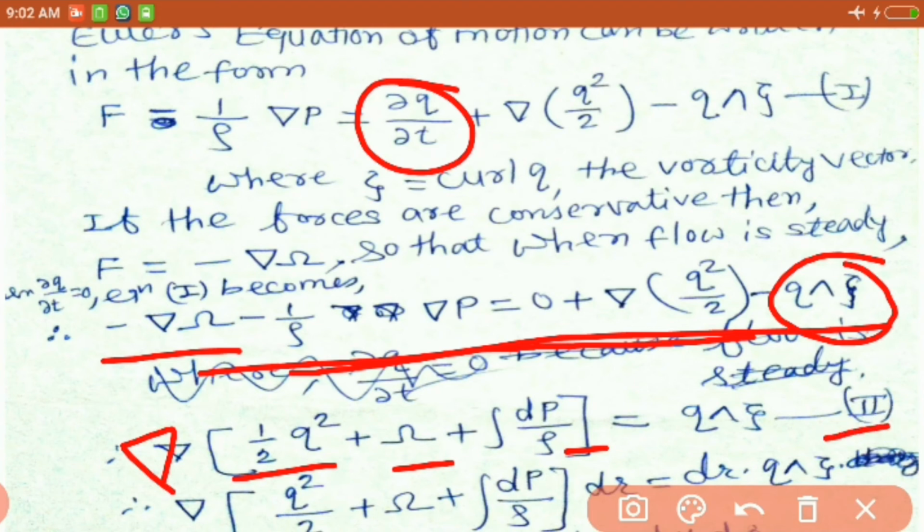Suppose this is equation second. We multiply both sides of this equation second by dr, then we get ∇(q²/2 plus Ω plus the integration of dp/ρ)·dr is equal to dr·(q × ζ).